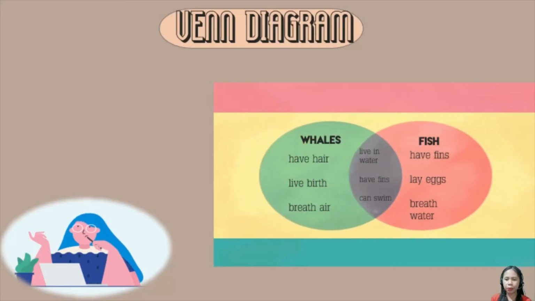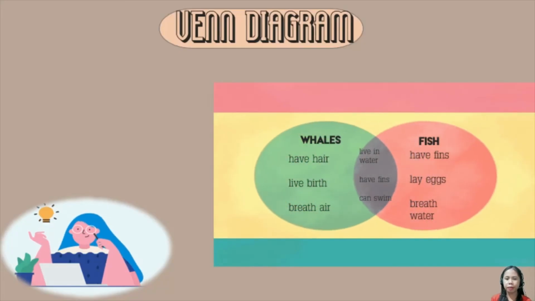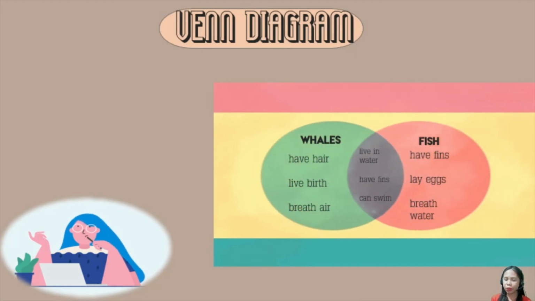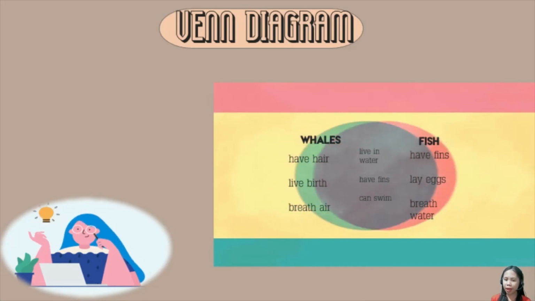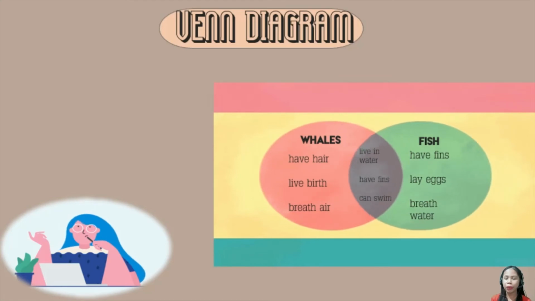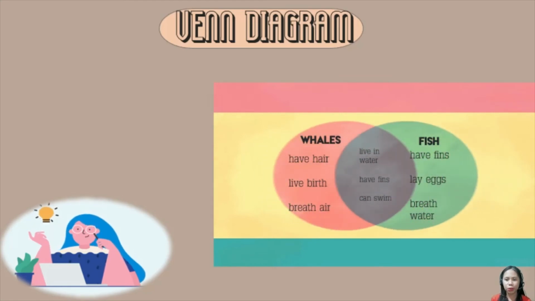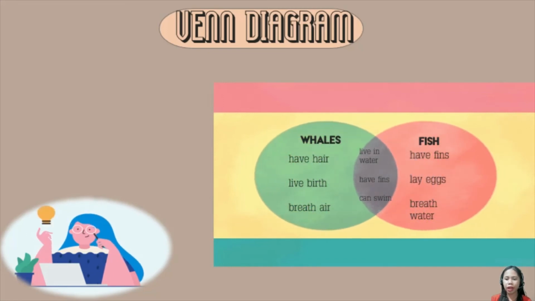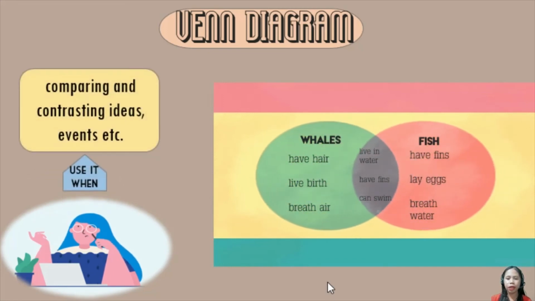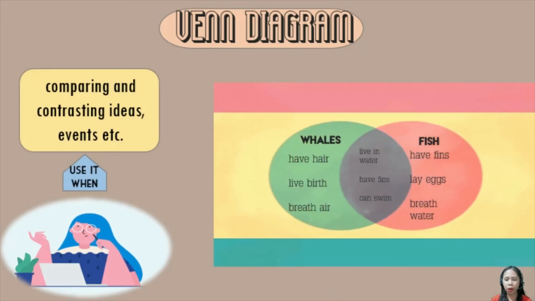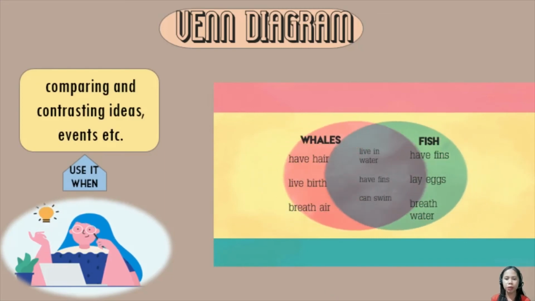The first one is the Venn diagram. This one is familiar to all of us. As a matter of fact, you used it earlier when you compared and contrasted your life before and during the quarantine period. The mechanism of the Venn diagram is very simple. You use it to compare and contrast ideas, concepts, or events.